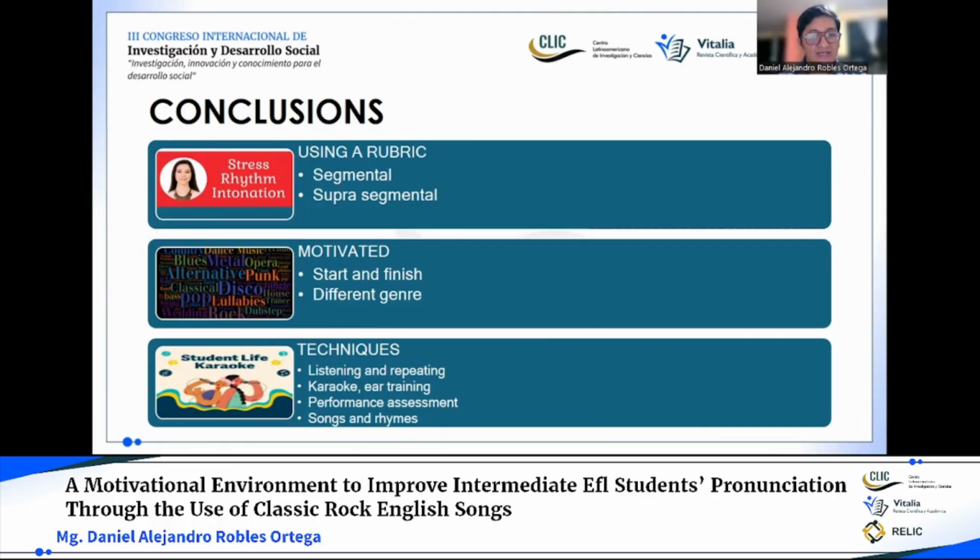According to the apprentices, the most usual techniques employed by teachers to teach pronunciation with classic rock English songs are the next ones: listening and repeating, karaoke, ear training, performance assessment, and finally, songs and rhymes.